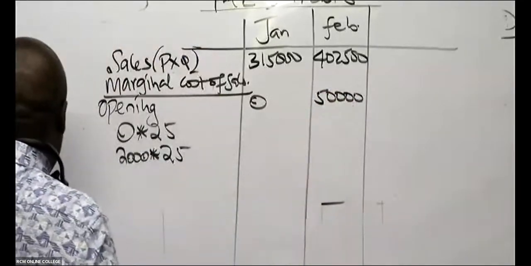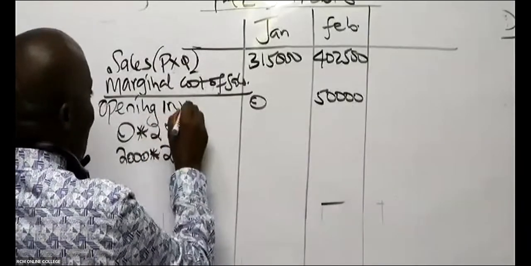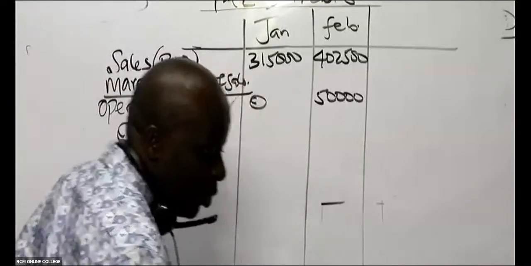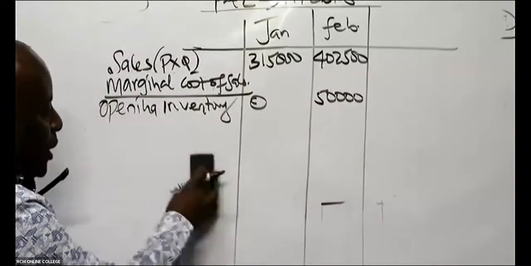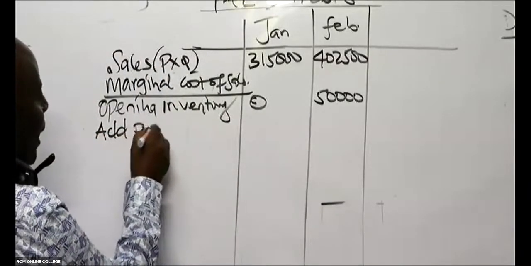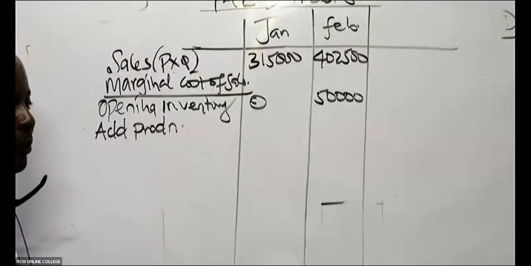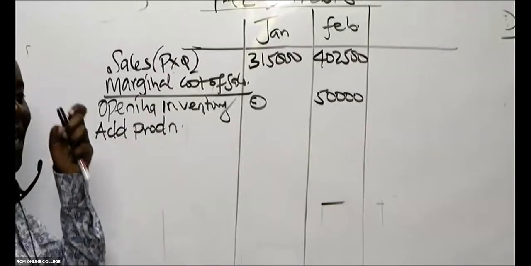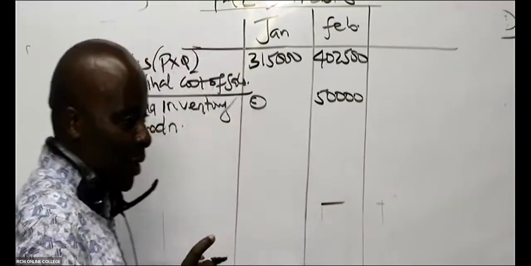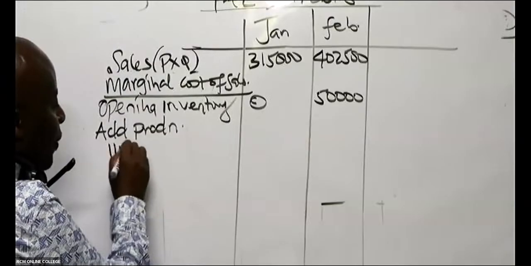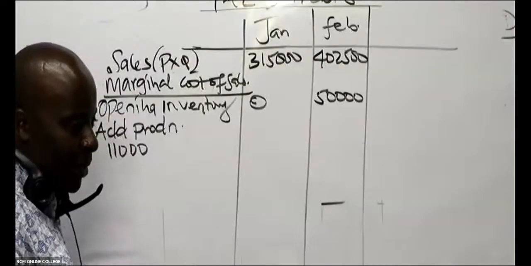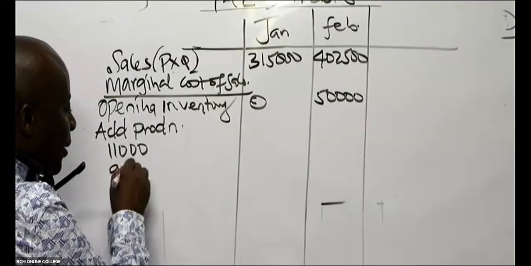And then, ladies and gentlemen, apart from opening inventory, right here, opening inventory. So shall be able to come and say, add what here, production? Add production, isn't it? So we add the production. So production, how many units were produced in January? 11,000. In January, we had 11,000. How about units produced in February? 9,500.